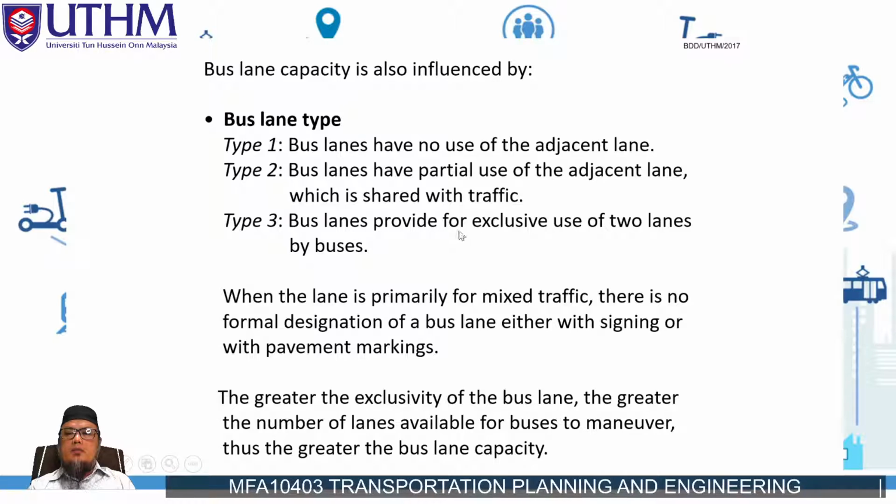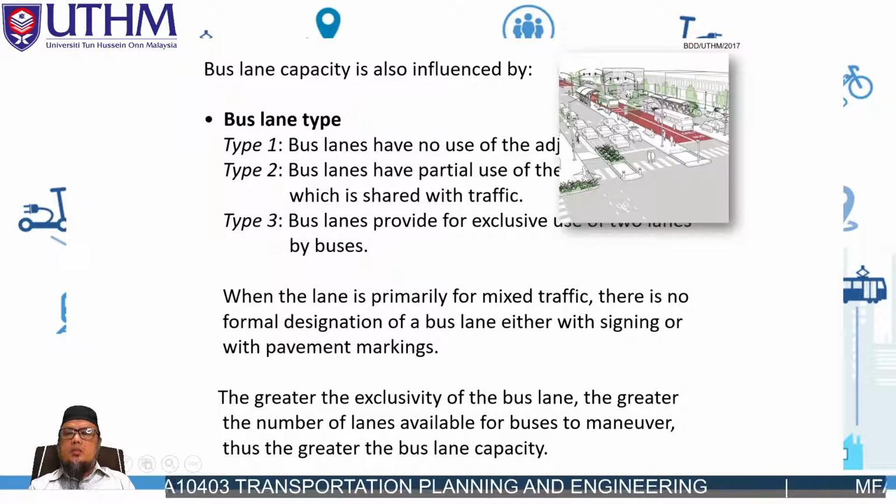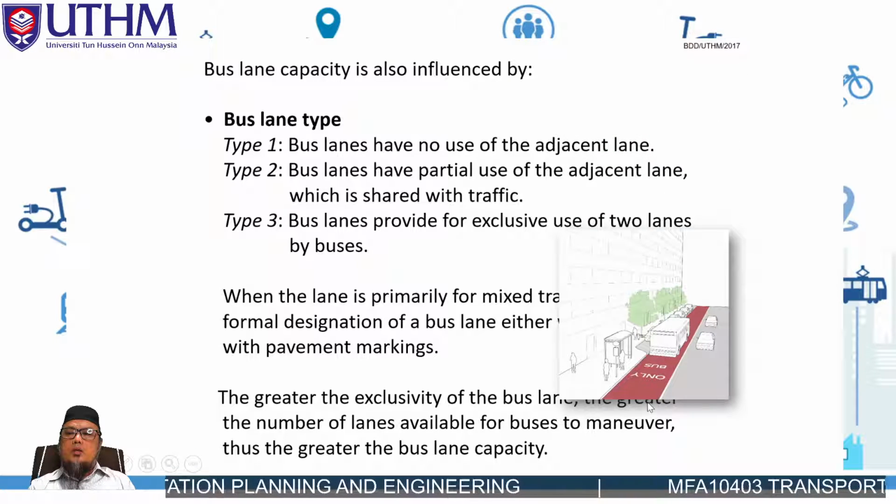Bus lane provided for exclusive use of two lanes of buses. We share this typical one. So this one has two lanes of exclusive bus lane. Okay, this one also has an exclusive bus lane but a single lane.